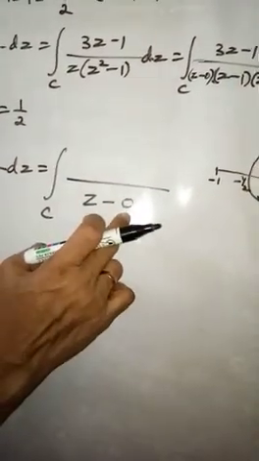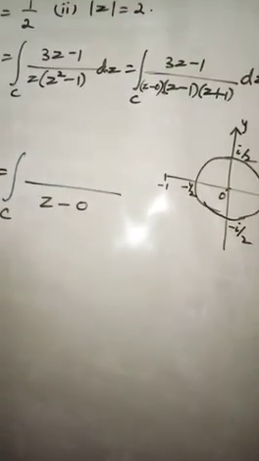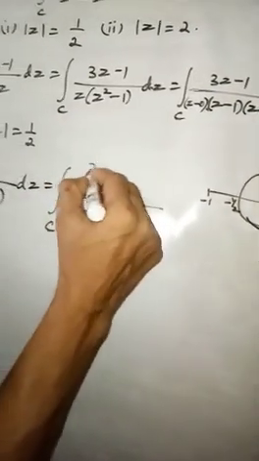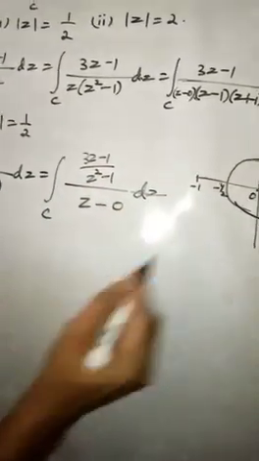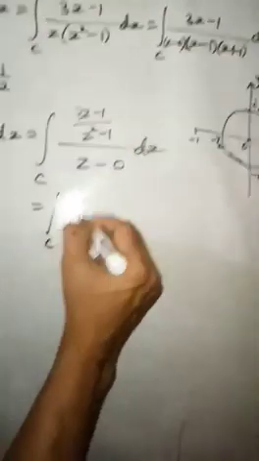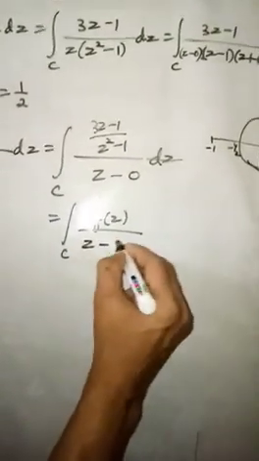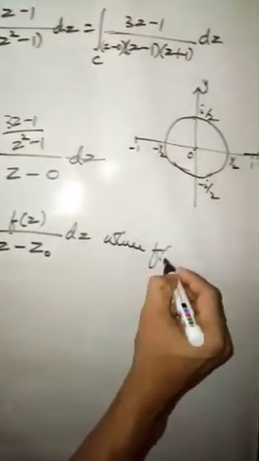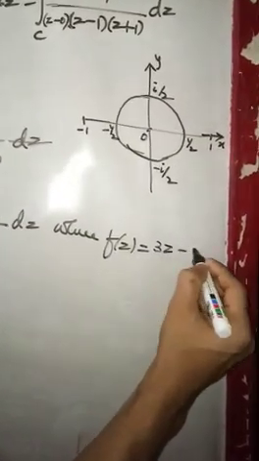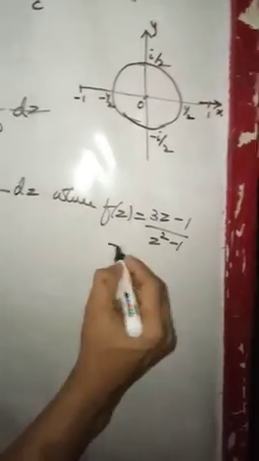Since 0 lies inside the circle, I am taking z square minus 1 to the numerator. Now you can denote the numerator as f of z, over z minus z naught, into dz, where f of z equal to (3z minus 1) by (z square minus 1), z naught equal to 0.